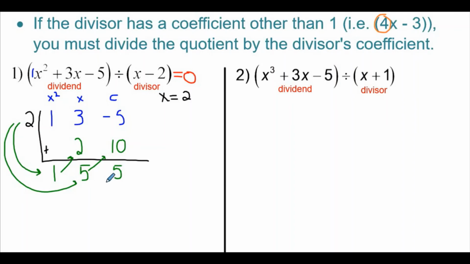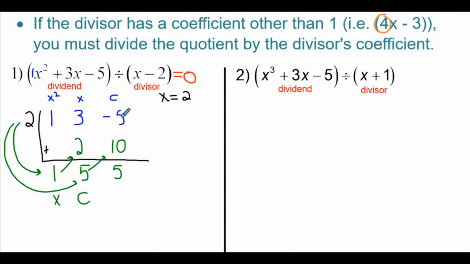So what is the answer? The answer comes out also with no variables on it. What happens when you divide is you reduce this column by one exponent for the answer. So if this is a square, this will be the x in the answer. And if this is an x, this will be the constant in the answer.